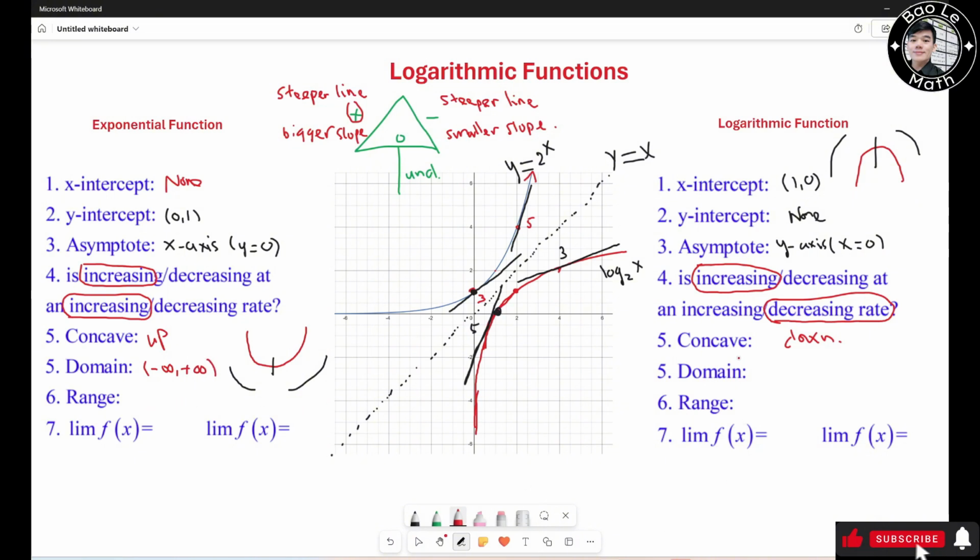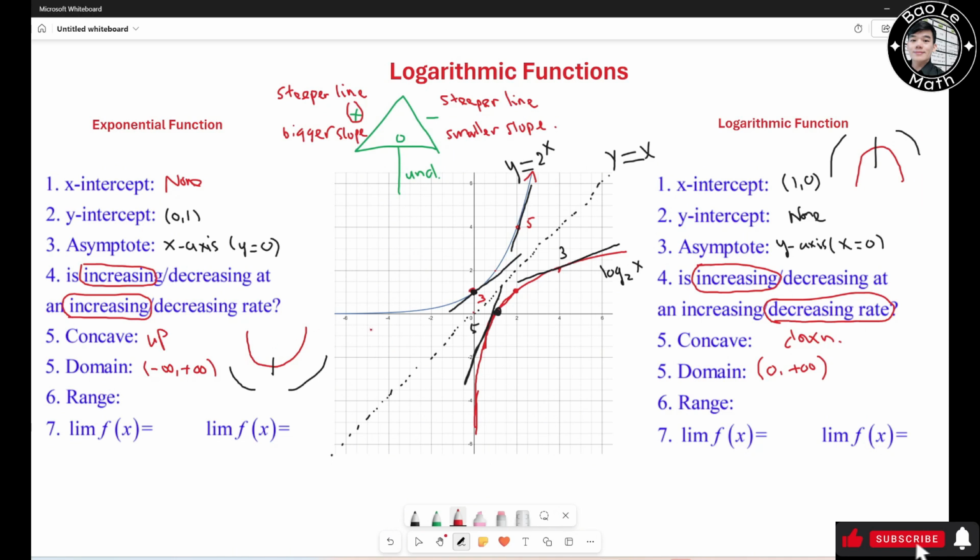For the domain of this one, you see that the asymptote of the logarithmic function is x equal to 0, on the y-axis. So the function starts from 0 all the way to the right, and the graph never crosses the y-axis. So the domain should be 0 to infinity, and you don't take 0 because x equal to 0 is the vertical asymptote.